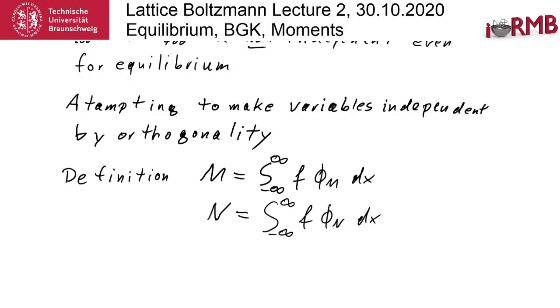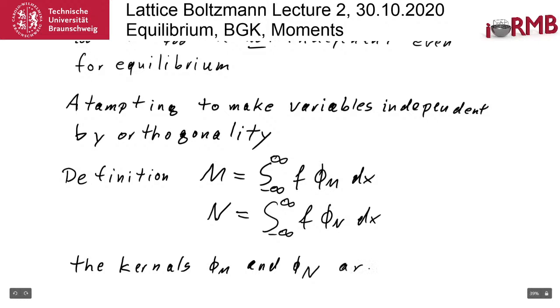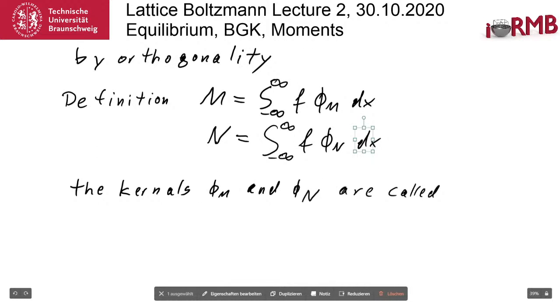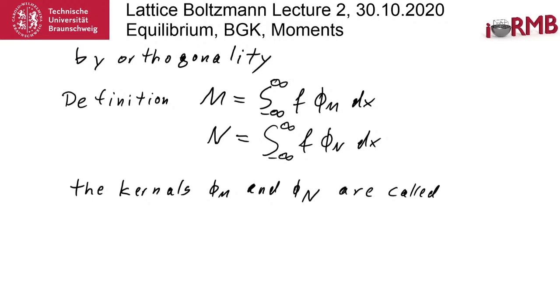Then the kernels phi m and phi n are called orthogonal. This is after the crash.